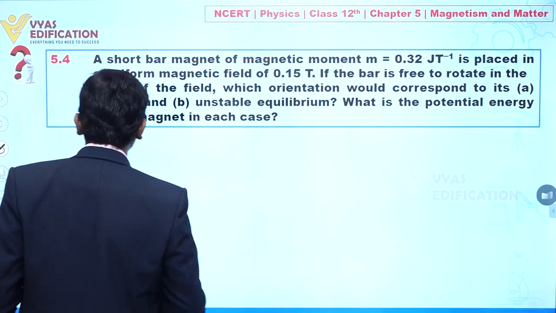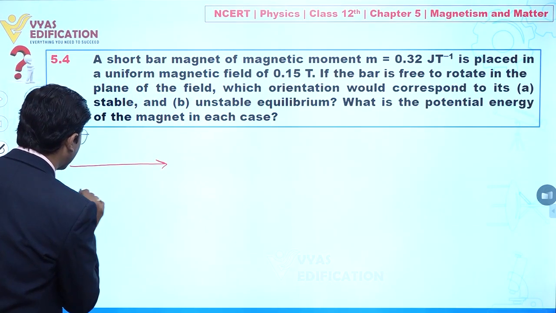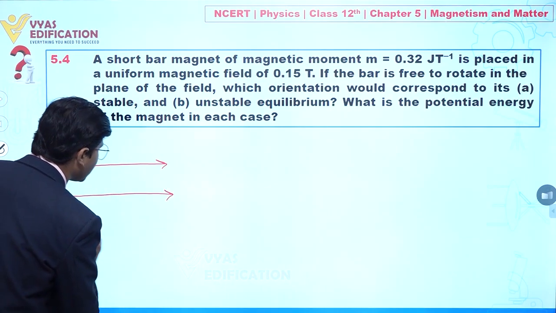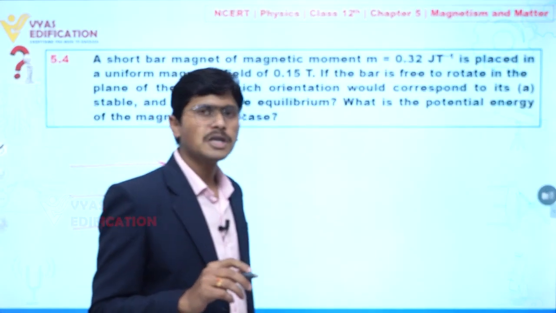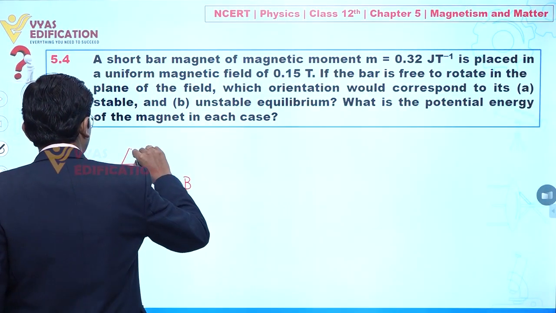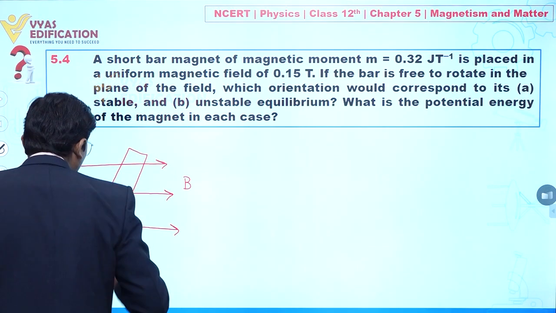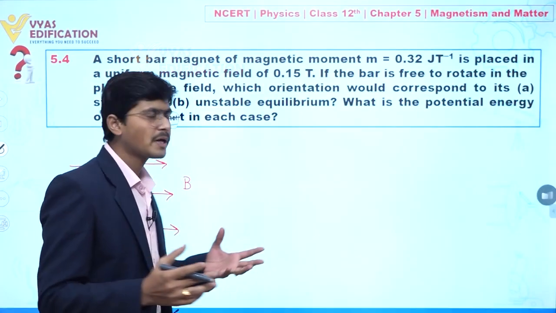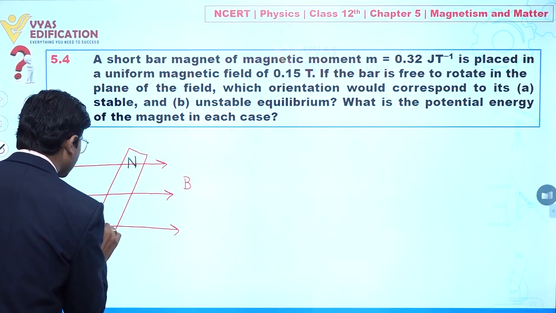Let's suppose I am assuming a uniform magnetic field in this direction. Let's suppose this is a short dipole, a short bar magnet, and I am assuming this is the north pole and this one is the south pole.